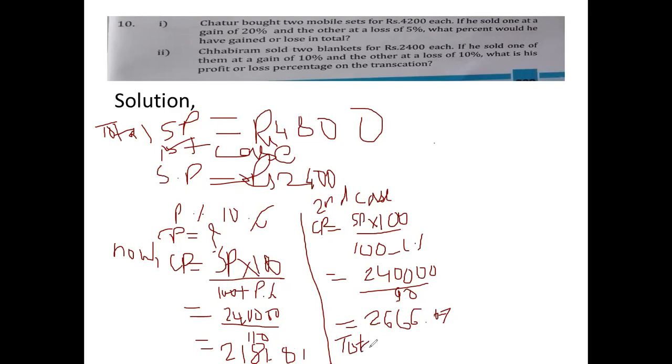Look there. To find the total CP, we have to add 2666.67 and 2181.81.